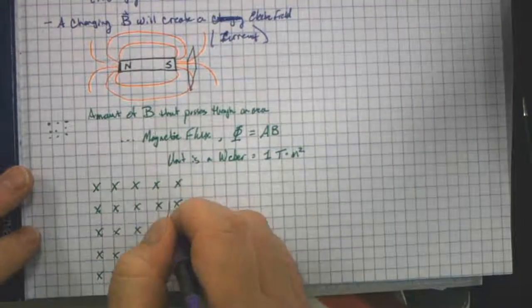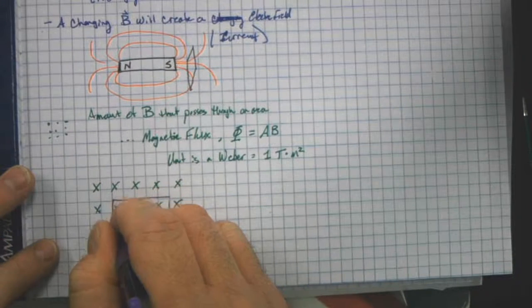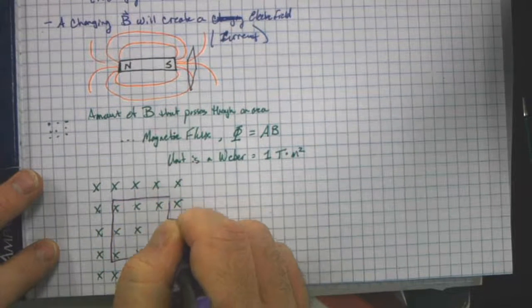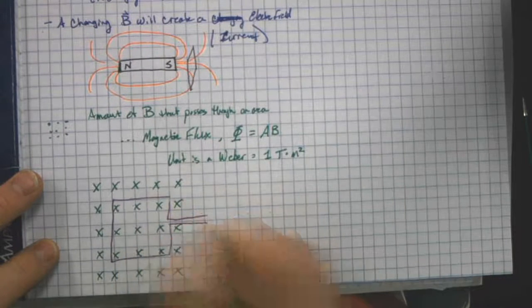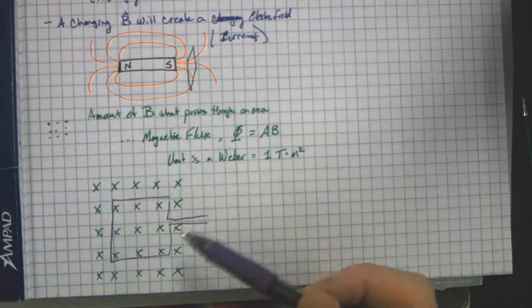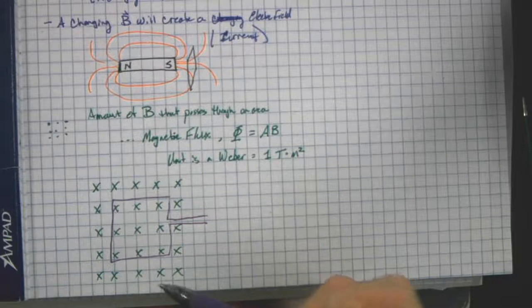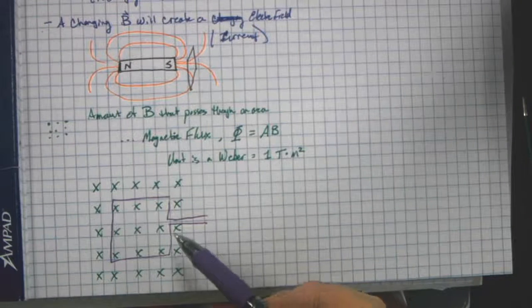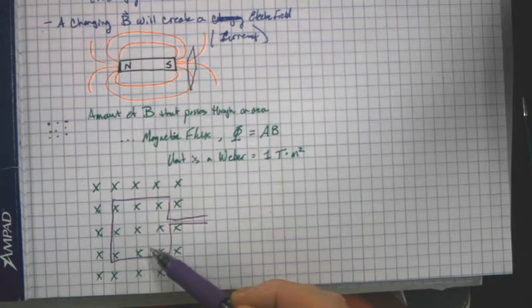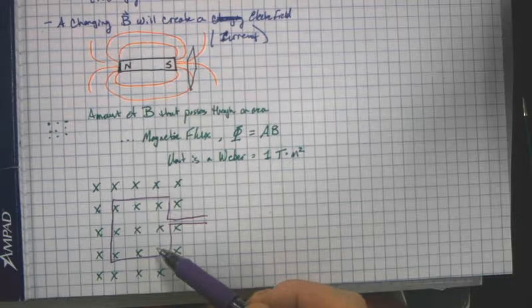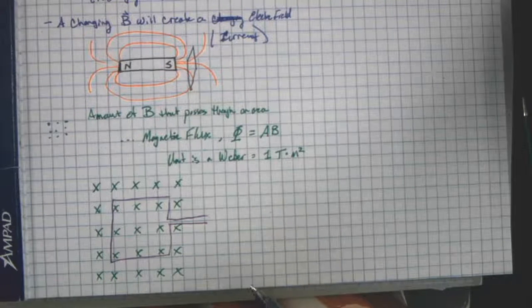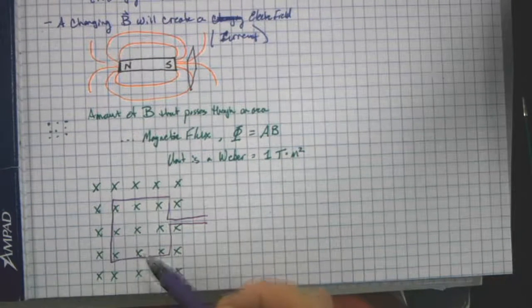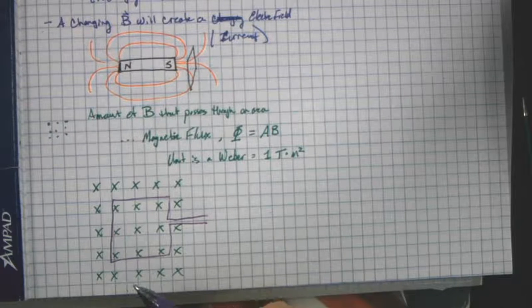So we draw this loop of wire. Just for demonstration purposes here, I drew 25 magnetic field lines. But what would actually be the flux through the loop? It would just be 9, because there's only 9 lines inside the loop. So that's the idea of what's going on here.